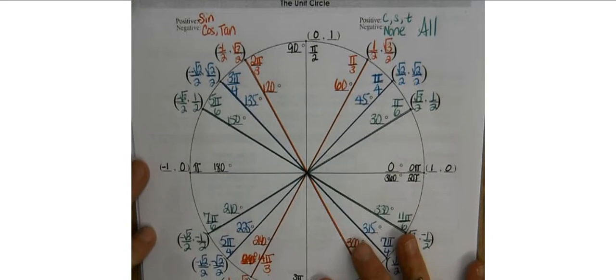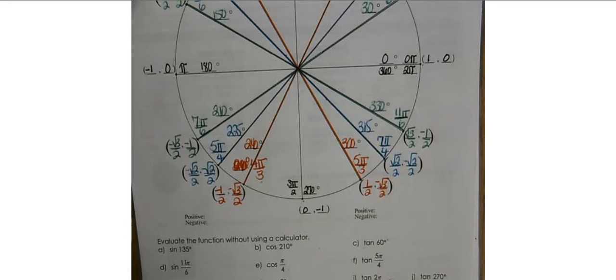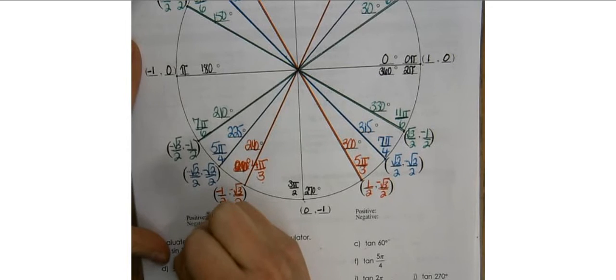In the third quadrant, we have "Take." So in the third quadrant, both x and y are negative. So that means that your cosine values will be negative and your sine values will be negative. But your tangent values, which is y divided by x, or sine over cosine, which is a negative over a negative, will give you a positive value. So in this case, tangent is going to be positive, but your cosine and your sine are going to be negative.